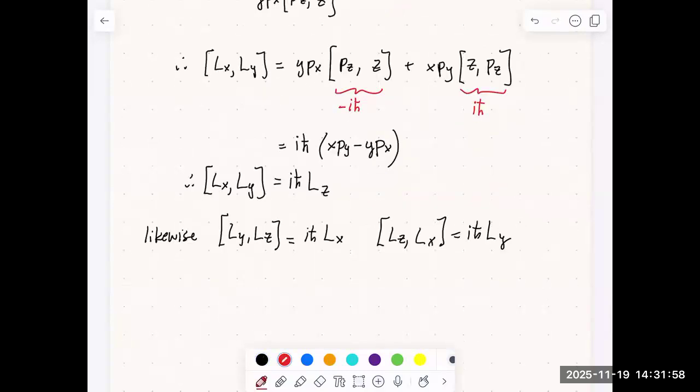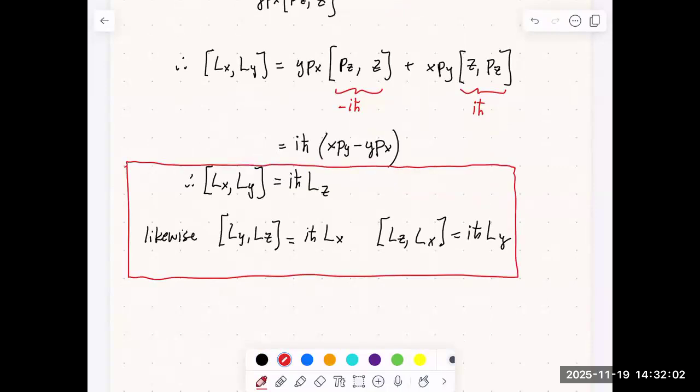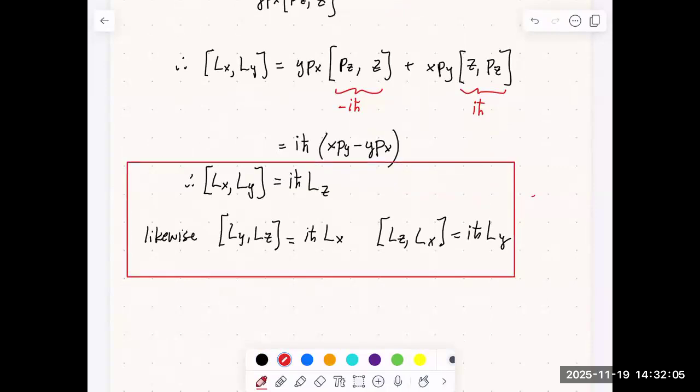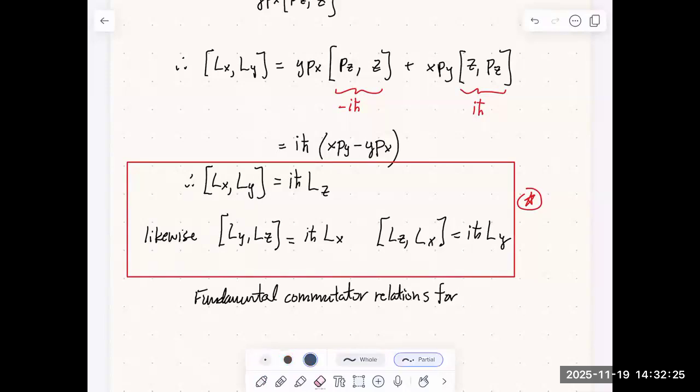I'm going to put these guys in a box. And this is going to be equation star. So these are the fundamental commutator relations for angular momentum.